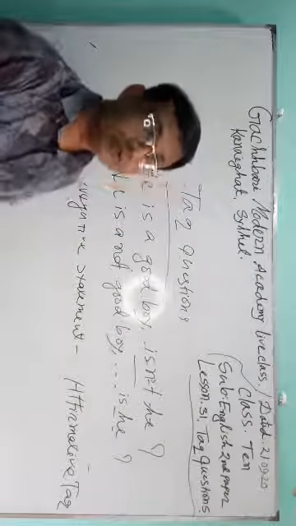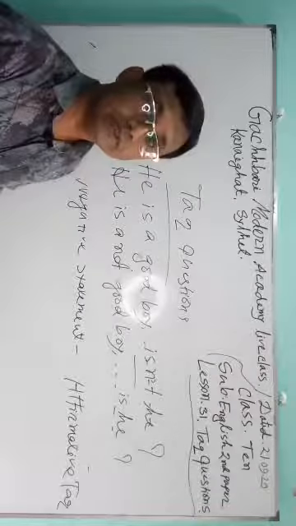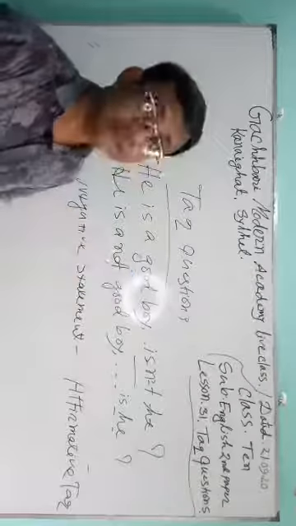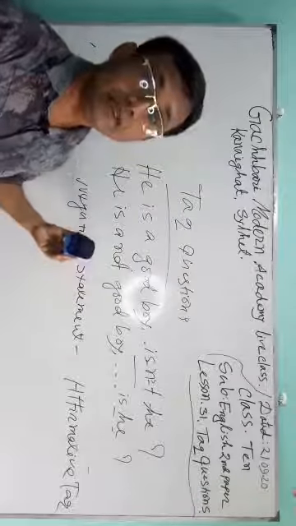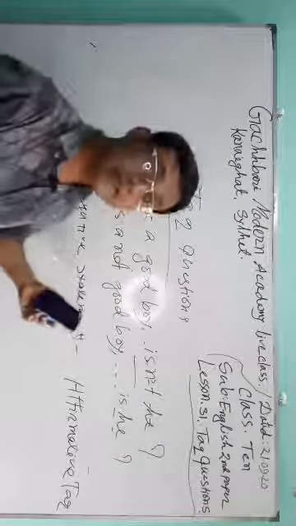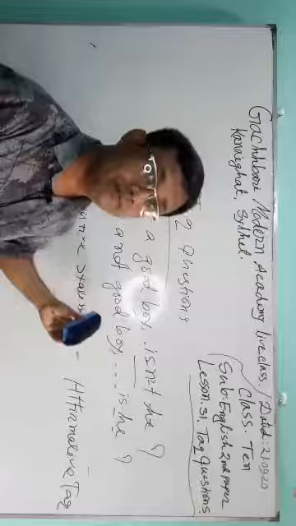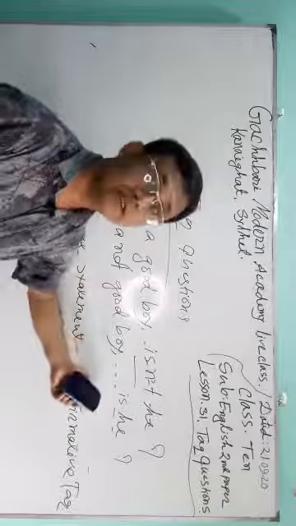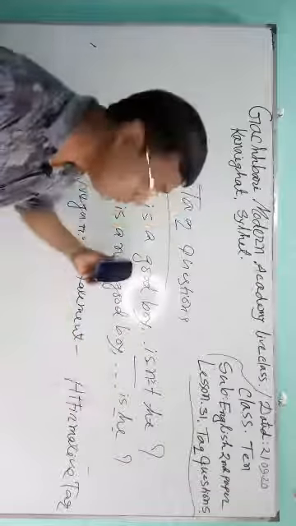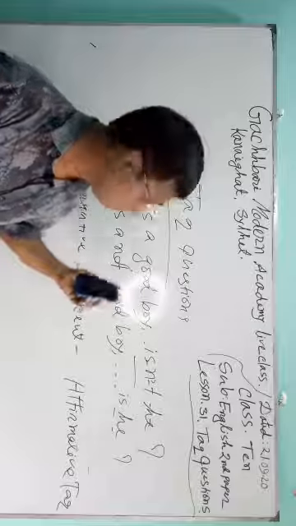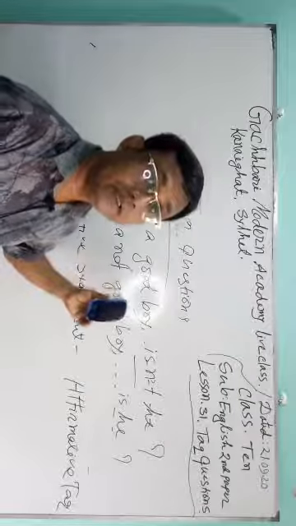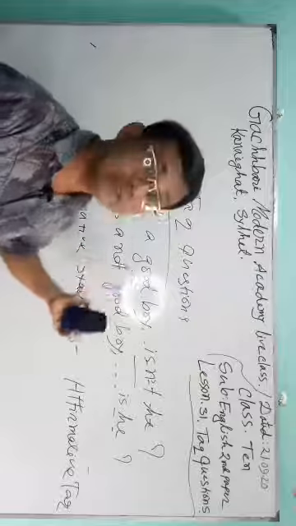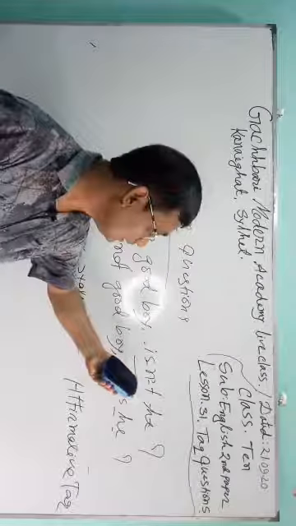So you understand, if in the sentence you find any no or not, you make the tag in affirmative. And if you do not find any negative words in the sentence, you make the tag in negative sense.